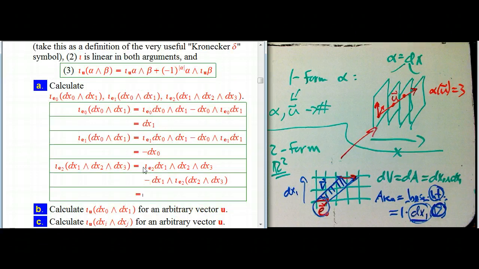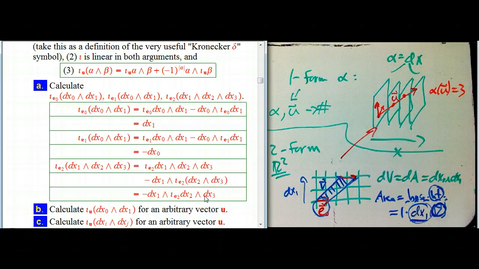Well, first thing, i e2 of dx1 is going to die, so that's just not even going to come in. So it's going to be minus dx1 wedge, in parentheses, i e2 of dx2 wedge dx3.